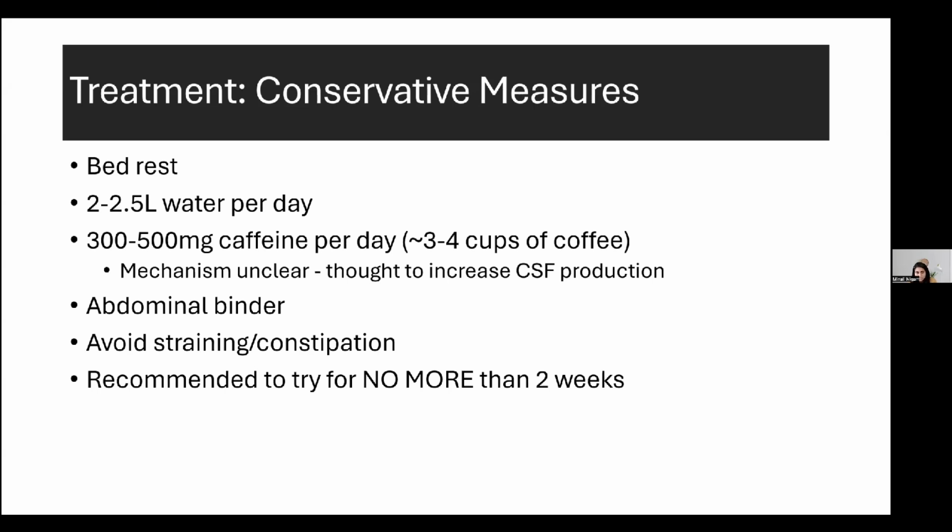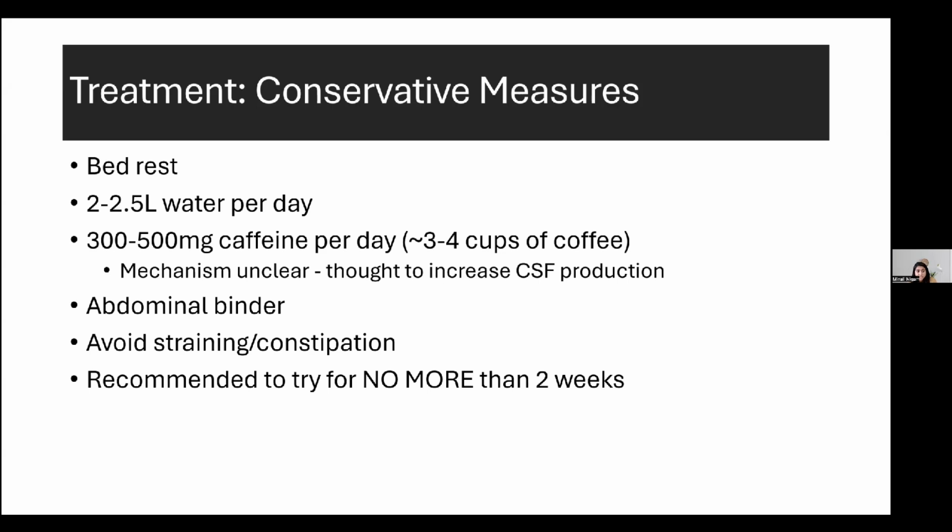So that roughly estimates to 3 to 4 cups of coffee. The mechanism isn't totally clear on why caffeine works for this type of headache, but it's thought to basically stimulate the choroid plexuses in the brain. These are essentially the choroid plexi that produce CSF. And so the thought is that you increase CSF production.